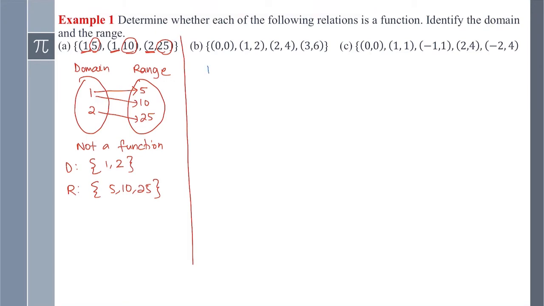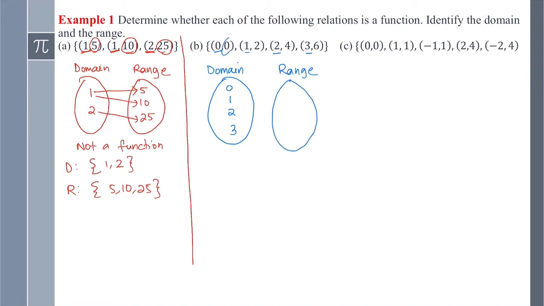Let's write the domain. Here in the domain we have 0, 1, 2, and 3. In the range we have 0 again, 2, 4, and 6.